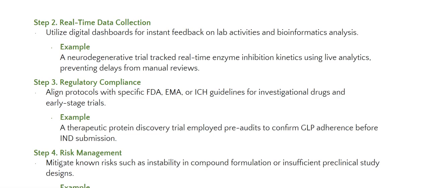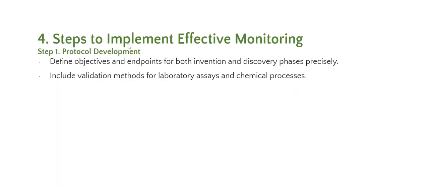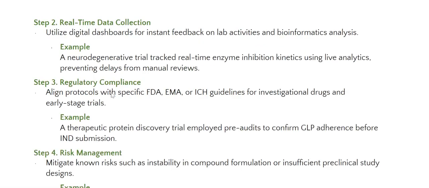So we have protocol development, real-time data collection, regulatory compliance, then risk. Step 4, risk management: mitigate known risks such as instability in compound formulation or insufficient preclinical study designs. For example, a vaccine discovery program identified risks with bacterial expression systems and transitioned to viral platforms, ensuring production quality. And the outcome here: following these steps allows streamlined operations, reducing errors and improving trial timelines.